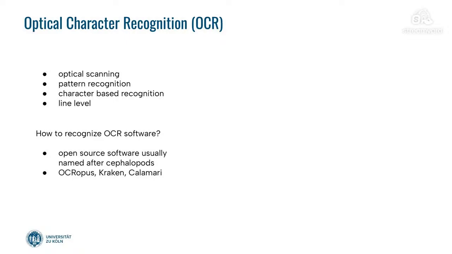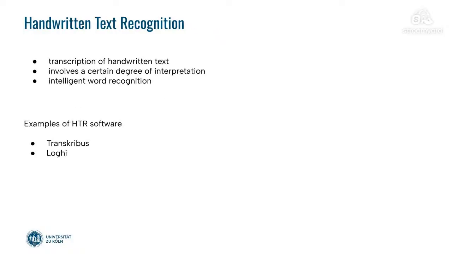And sometimes it's not always clear what a software is doing, but there's one way you can recognize OCR software, and that is that the open source software is usually named after cephalopods, so Octopus, Kraken, and Calamari, for example. Kraken is also a scriptorium. You might have heard of that. Octopus, Calamari, not sure how much they are still used. But Kraken is the software behind a scriptorium from Paris.